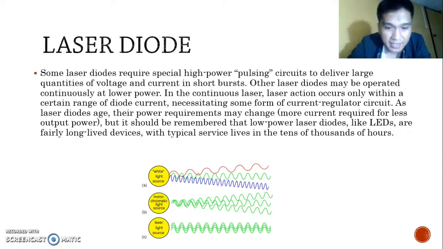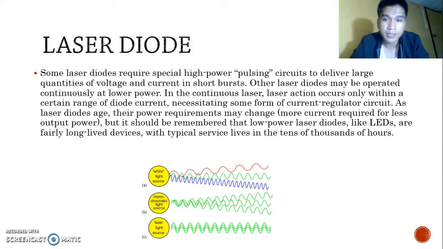So next are the laser diodes. Laser is an abbreviation for light amplification by stimulated emission of radiation. Some laser diodes require special high-power pulsing circuits to deliver large quantities of voltage and current in short bursts. Other laser diodes may be operated continuously at a lower power.